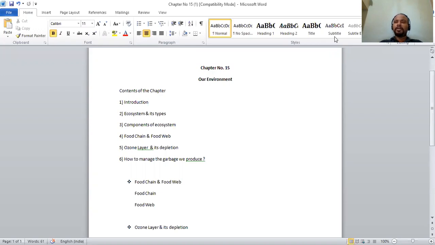Environment, what is environment? The organisms like plants, animals, and human beings, when they interact with their physical surrounding, it is known as environment. Environment has two components, biotic components and abiotic components.